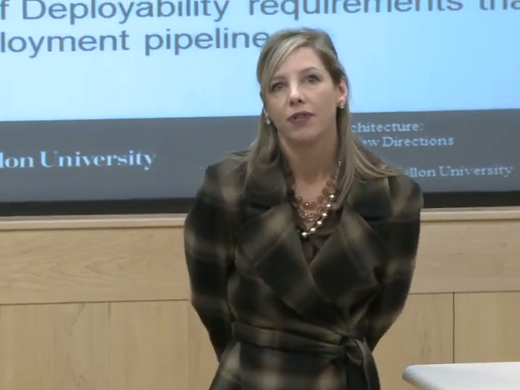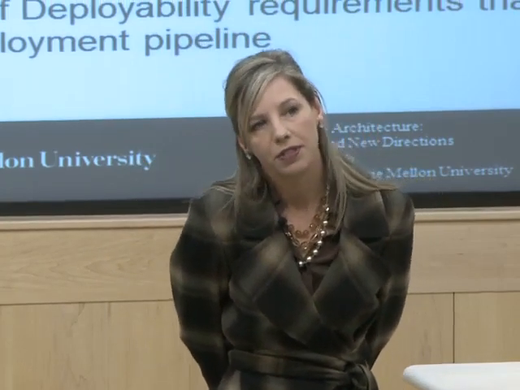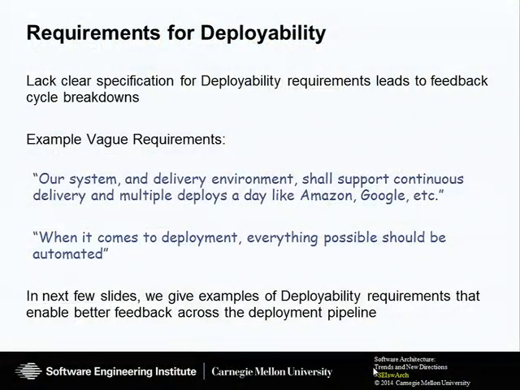So that's pretty vague, and it also doesn't allow you to measure. What would you measure? How would you measure cycle time with something like that? And people don't even think of creating requirements for deployability. So these are the kind of things you hear. When it comes to deployment, here's another one: everything possible should be automated.